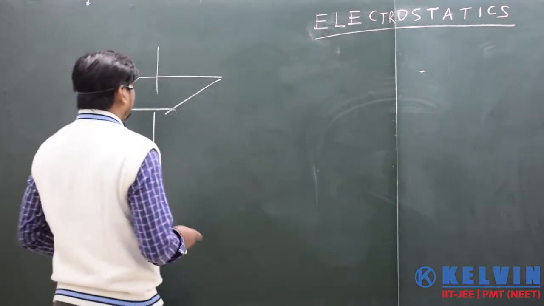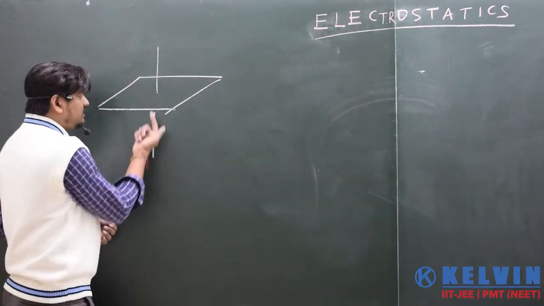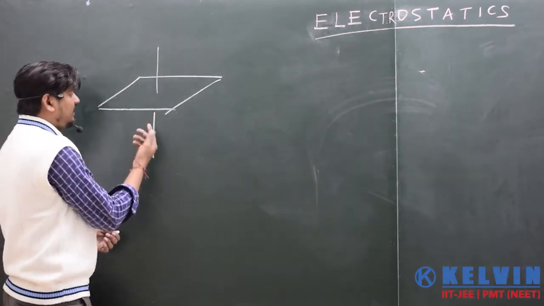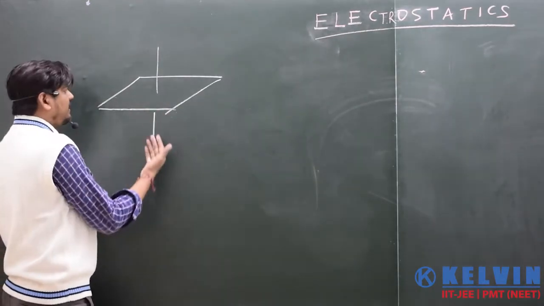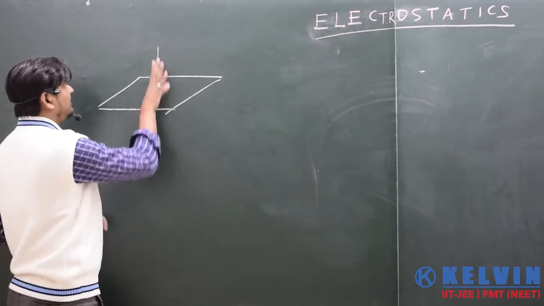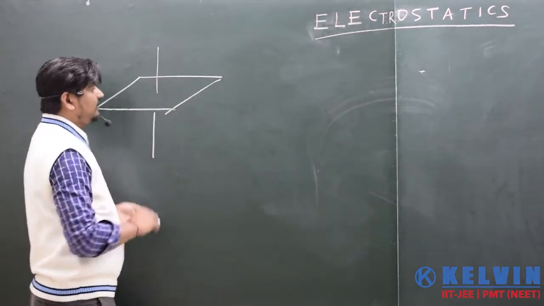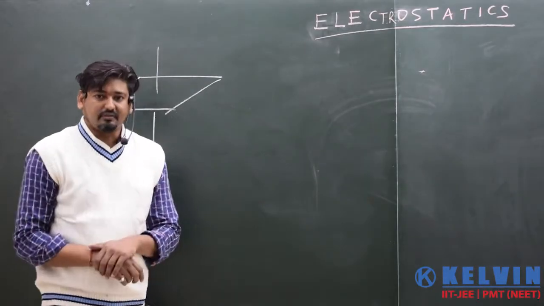Open surface simply means if you are punching a hole from this side and you penetrate something from this side, it will appear on this side, right? So this kind of surface is called the open surface.